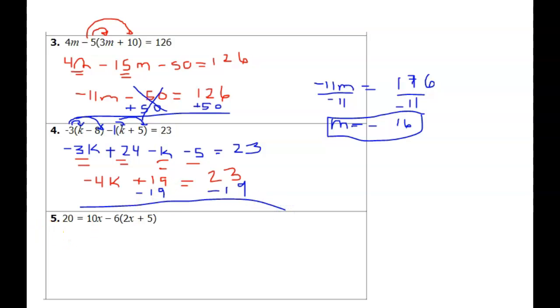To the left, the 19s cancel. To the right, I end up with 23 minus 19, which is 4. So I got this canceling out, and then I have negative 4k equals 4.